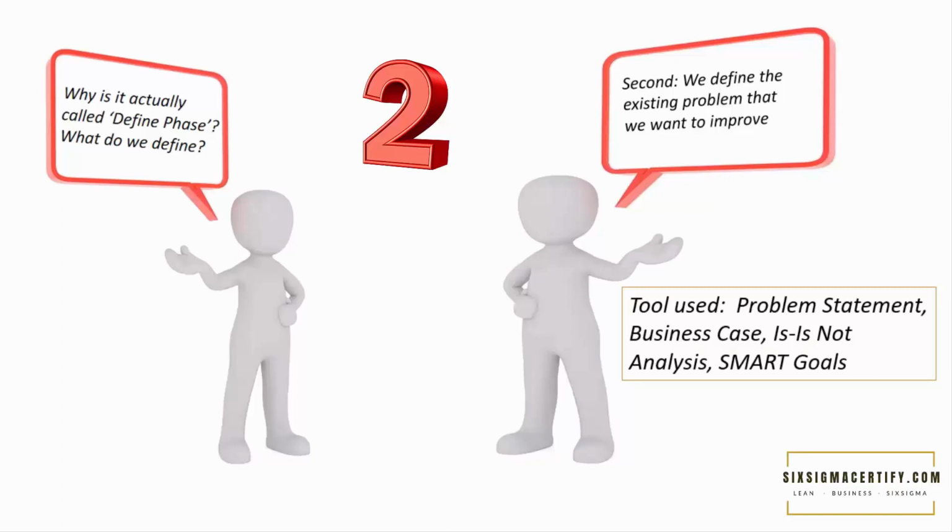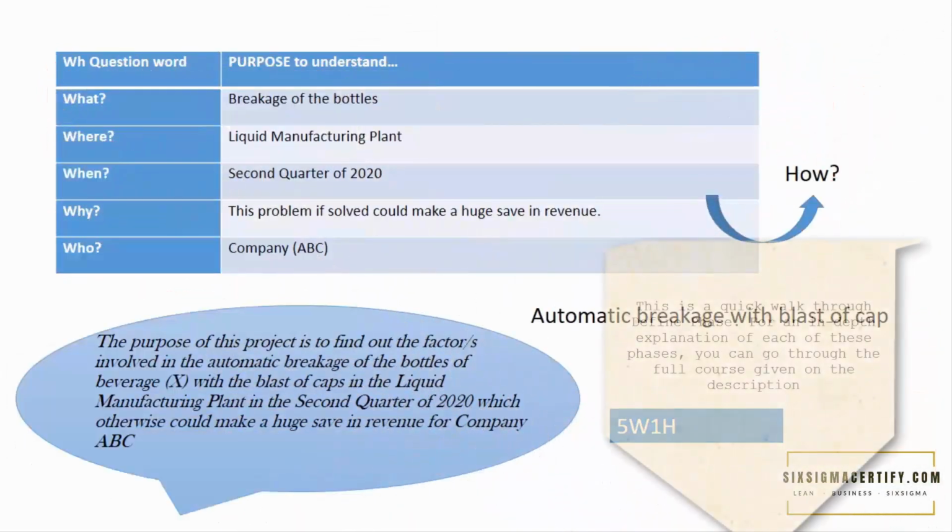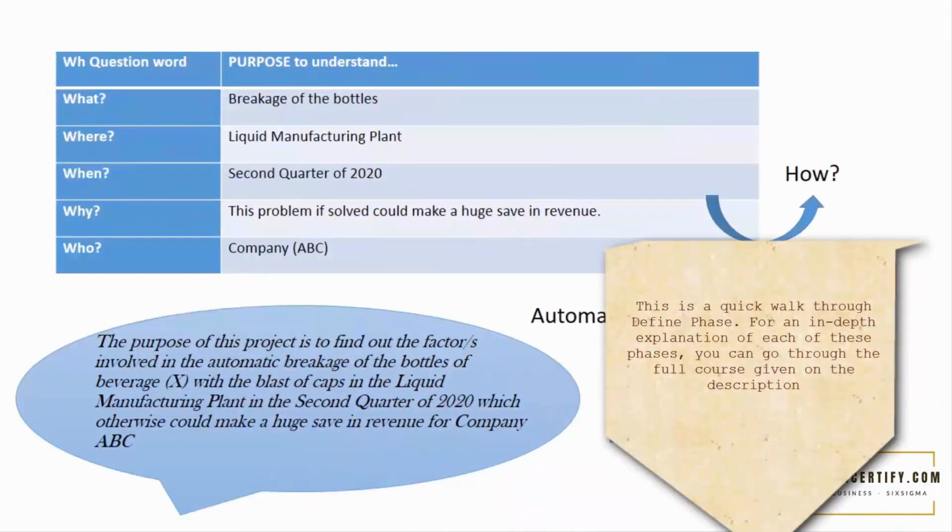Actually, we use is and is not analysis more in the A3 analysis that we will study in the Lean Six Sigma Belt portion. A problem statement can be formed by answering different WH questions: what, where, when, why, and who, and how the problem affects the business.